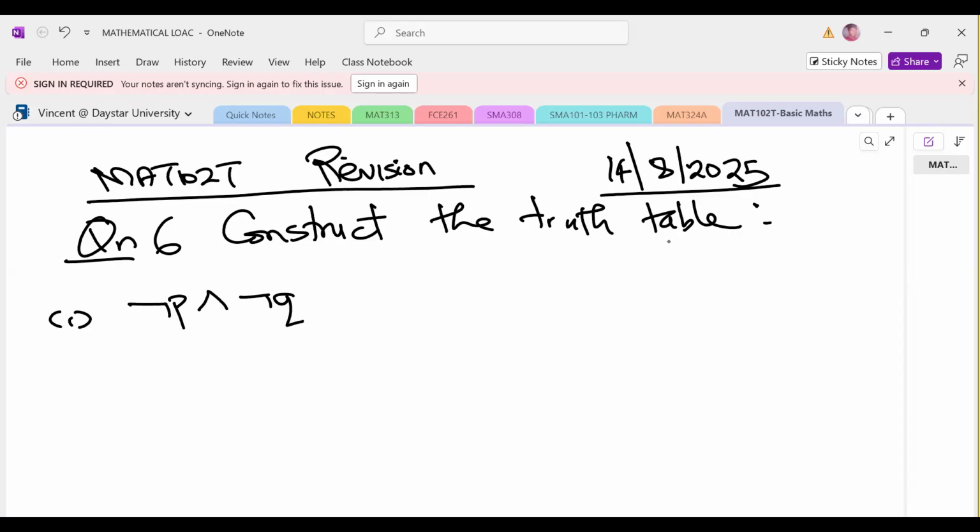Now, the number of rows you require is given by 2 power n, where n is the number of different letters used.